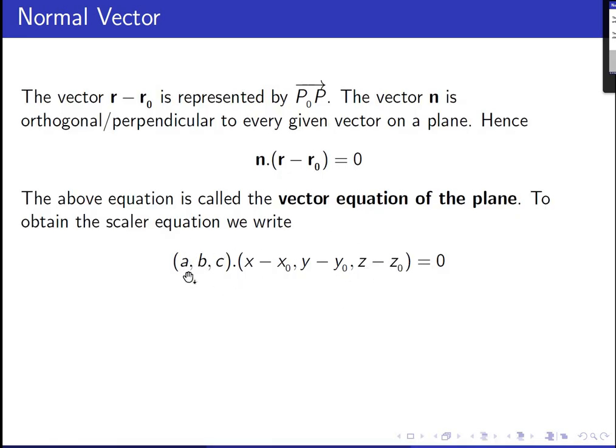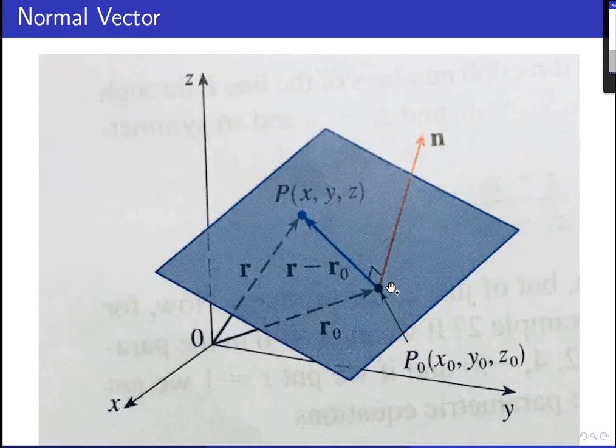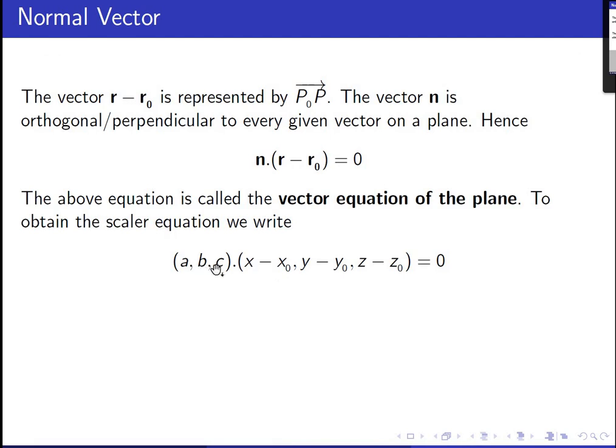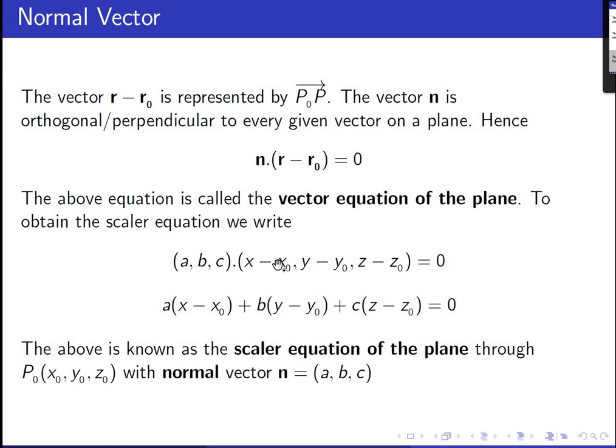And the coordinates of our normal are just a, b, and c. It's not given here, but the coordinates of the normal will just be a, b, c, right? We dot this together, we get a times (x minus x naught) plus b times (y minus y naught) plus c times (z minus z naught) is equal to 0, which is a scalar.